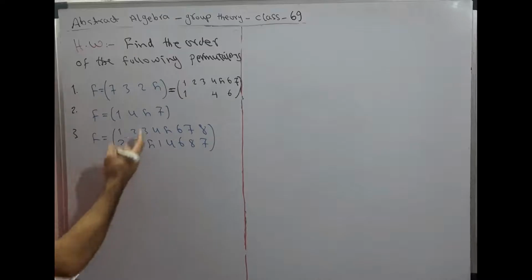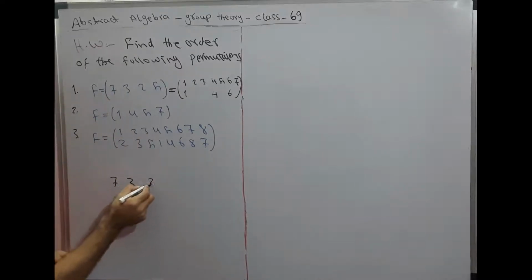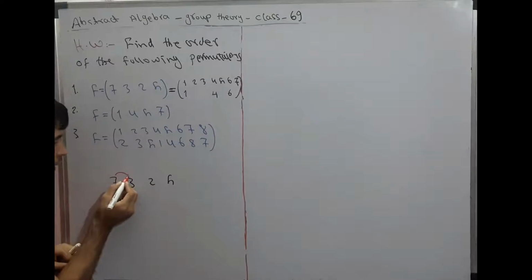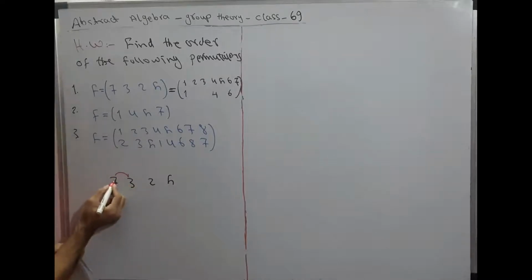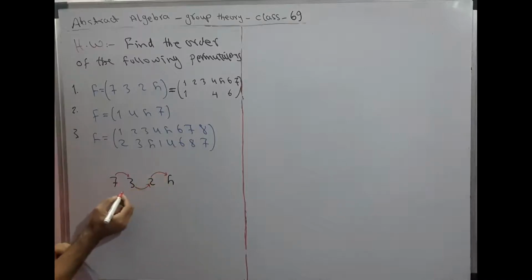Now we want to write this one, (7 3 2 5). How can we write the image of each element? Image of 7 is 3. Image of 3 is 2. Image of 2 is 5. Image of 5 is 7.